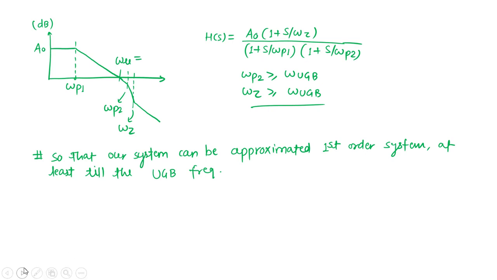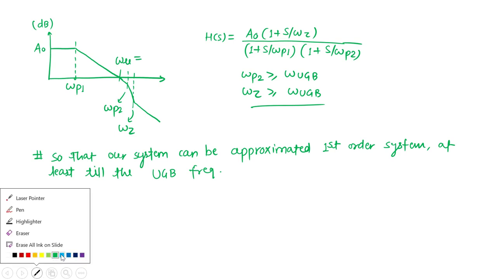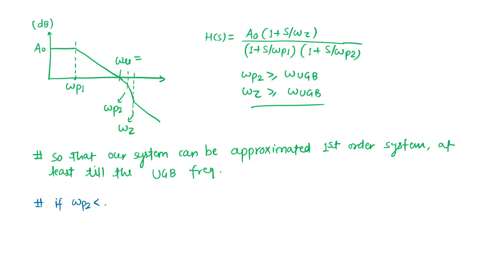If omega p2 is less than omega UGB, this is my first consideration, and let omega z still be after omega UGB. For this case, we have to plot the Bode plot and see what the problem is.